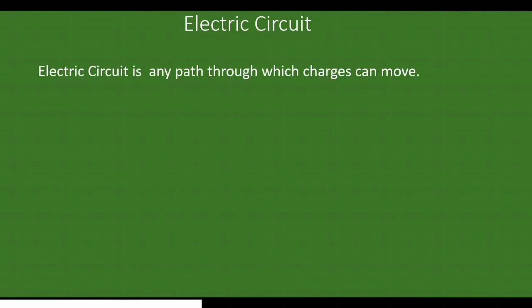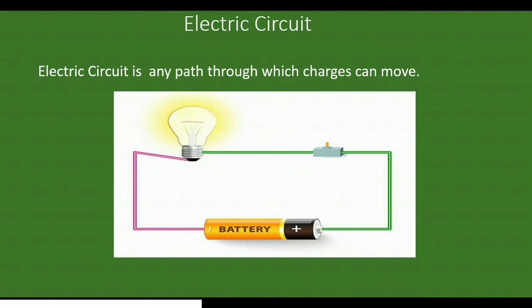Great. So what is an electric circuit? An electric circuit is any path through which charges can move. So the diagram has been provided again. The charge in the battery is able to move through the lines, and the green lines that you see over here are known as wires.